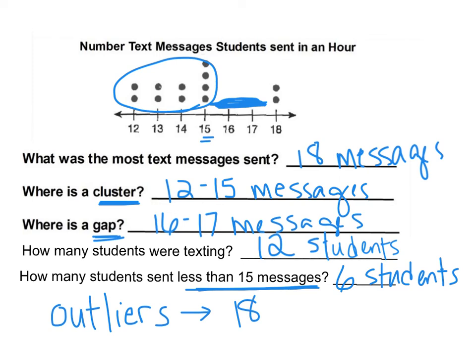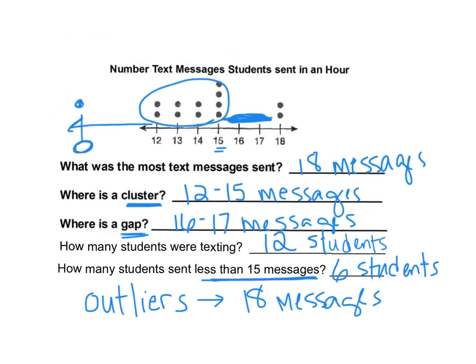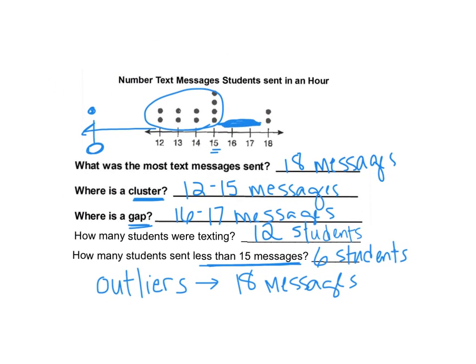Those 2 students that sent 18 messages, that was a little bit more than what most of our students were doing. Okay, or if we maybe had a student who doesn't have a cell phone or any sort of device to send messages, and they were way down here on our number line at 0. Okay, that would be an outlier also. Okay, so a few vocabulary terms there that we want to use.